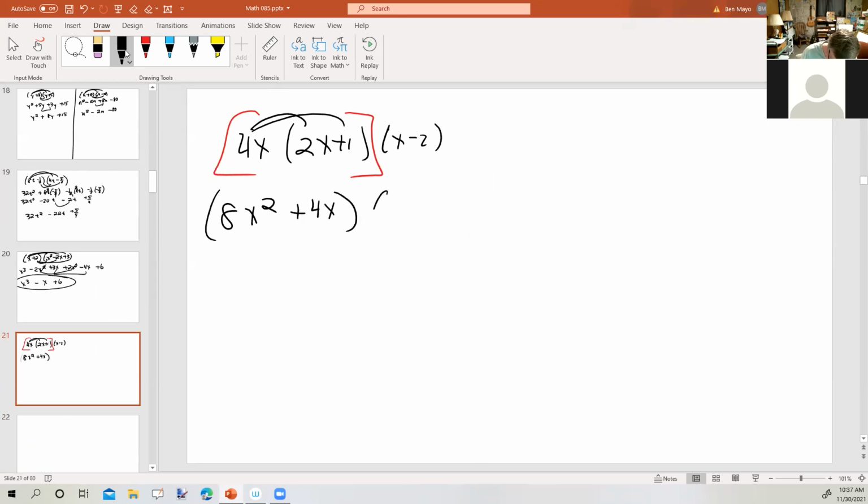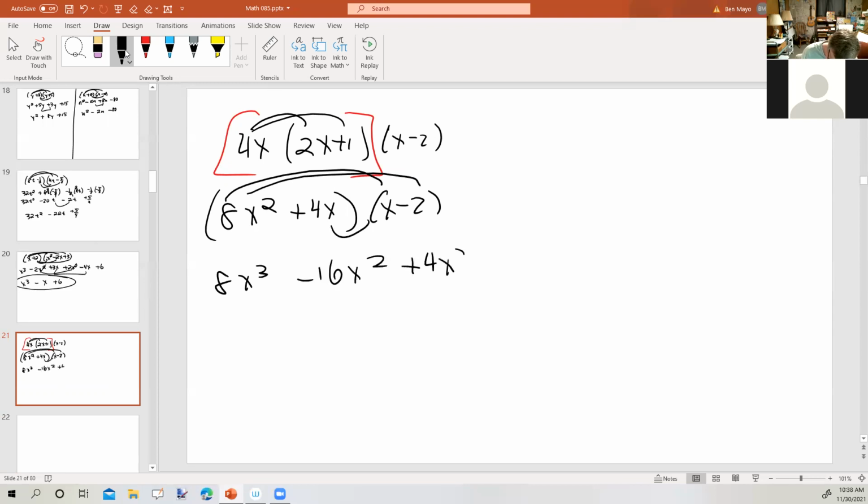We're then going to take the results times the x minus 2. We get 8x cubed minus 16x squared plus 4x squared minus 8x, which is 8x cubed minus 12x squared minus 8x. Okay.